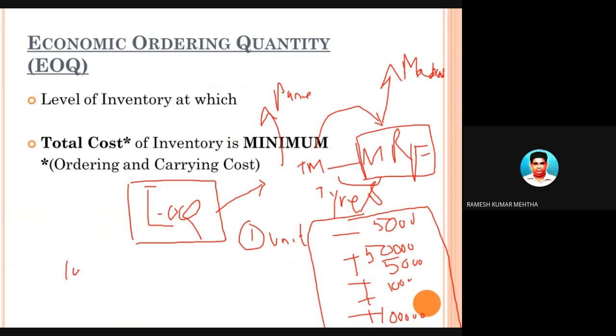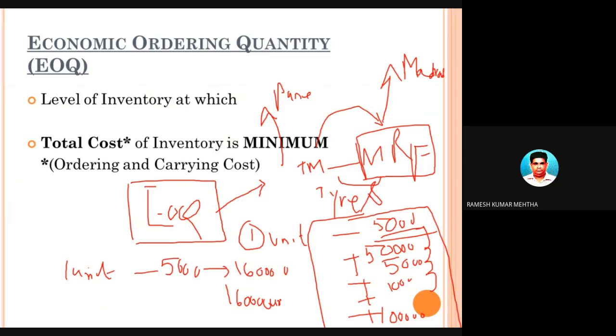The basic cost was 5,000, but the other costs are 5,000, 50,000, 5,000, 1,000, and some 1 lakh rupees. So one unit of 5,000 is now becoming almost 1 lakh 60,000. So one tire you are purchasing for 1 lakh 60,000 rupees.